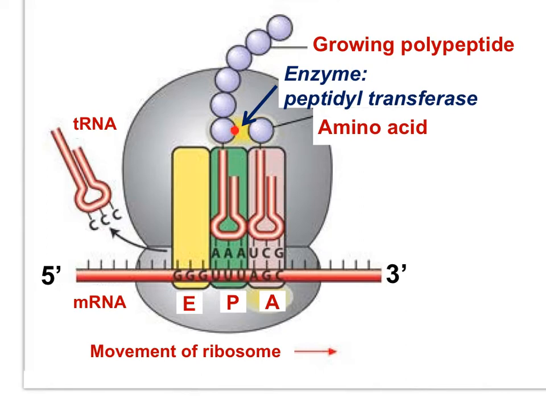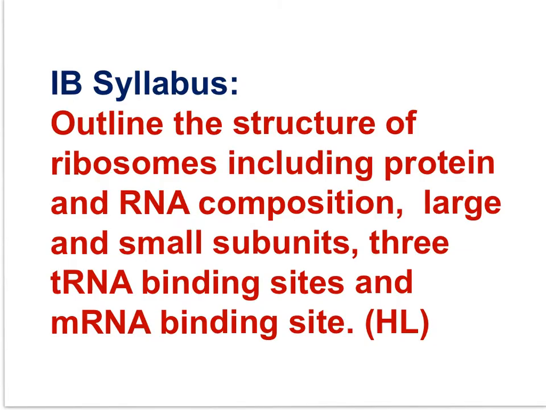The enzyme peptidyl transferase forms the peptide bond between amino acids, and the ribosome moves along the mRNA in a 5-to-3 direction. Remember that you need to be able to outline the structure of ribosomes, including the protein and RNA composition, the large and small subunits, the 3 tRNA binding sites, and the mRNA binding site.